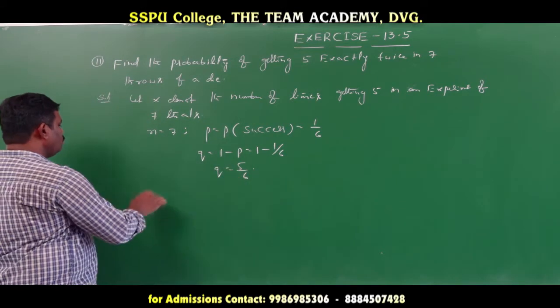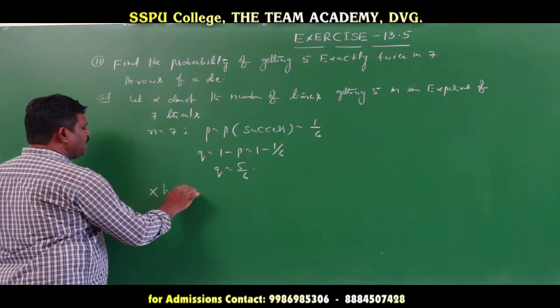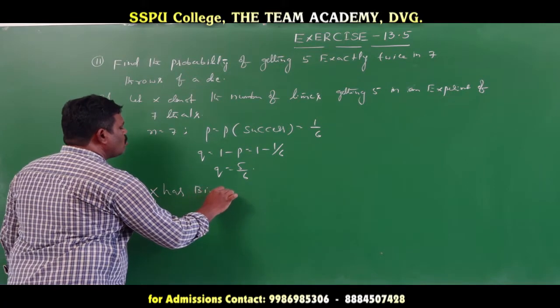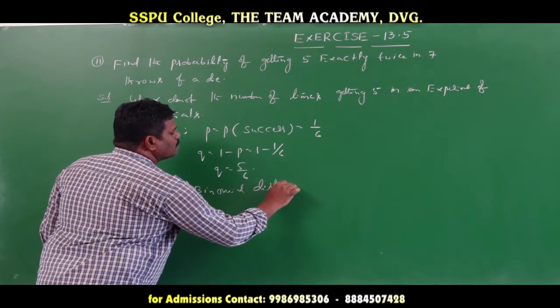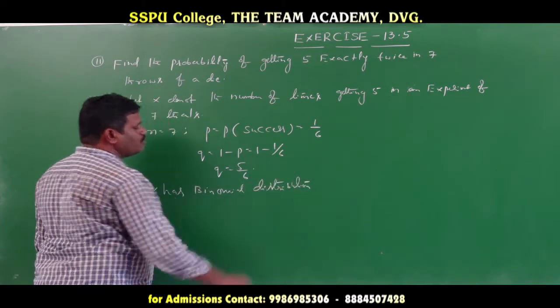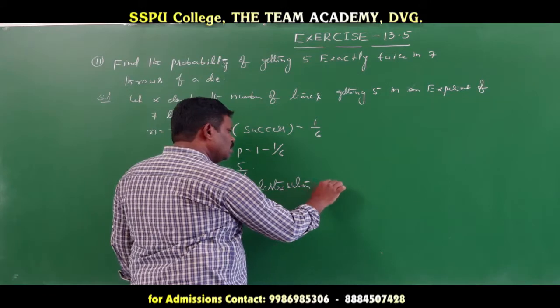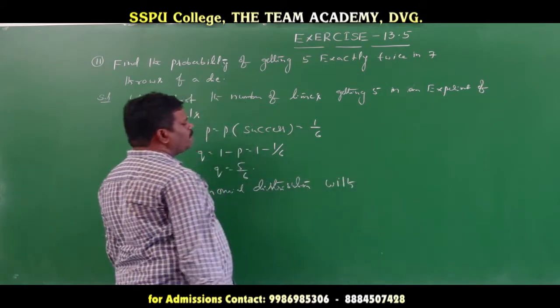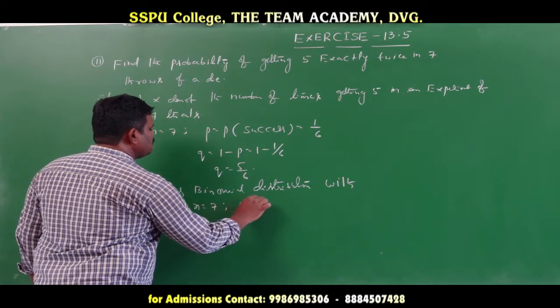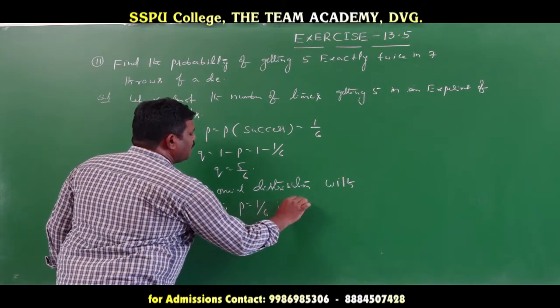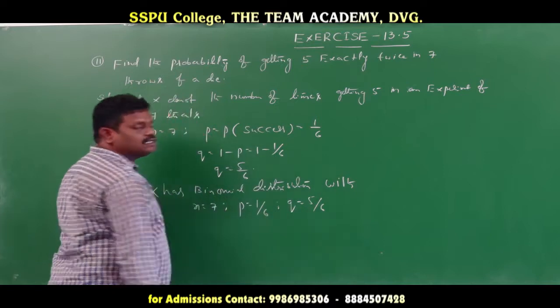Now we write that x has a binomial distribution with parameters n equal to 7, p equal to 1 by 6 and q equal to 5 by 6.